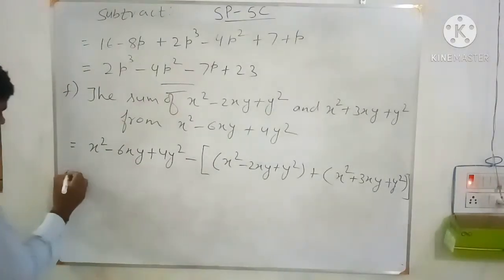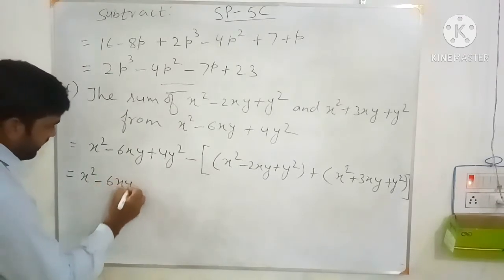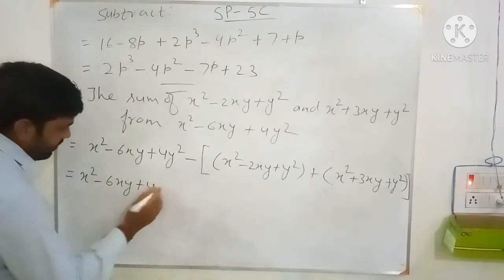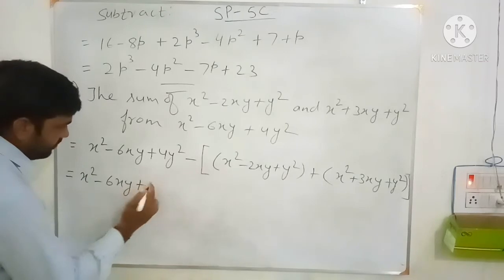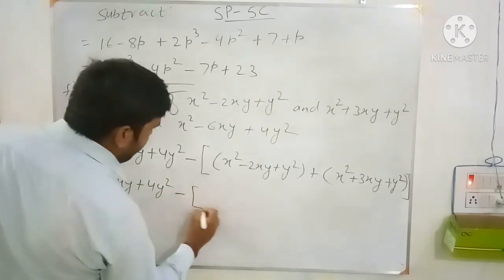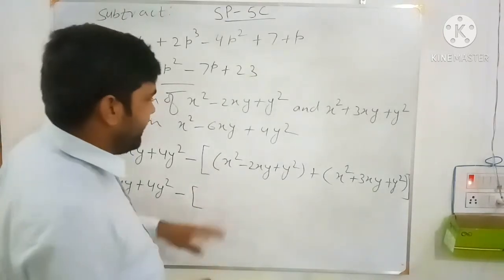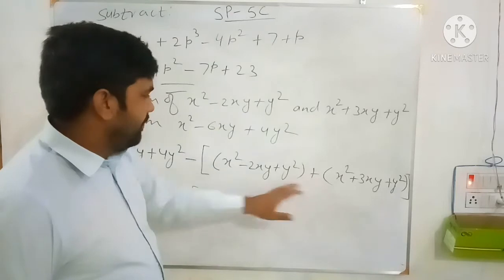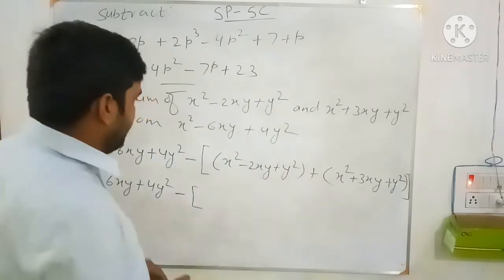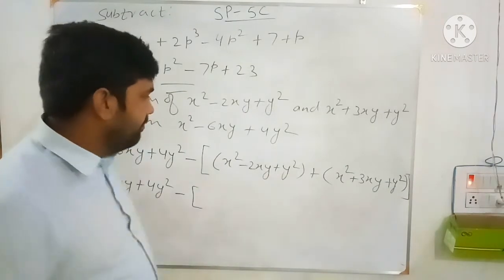Now we solve the bracket. x square minus 6xy plus 4y square. Now the bracket is being opened. Here also we can add, because here is the plus sign. So when we open the bracket, there will be no change of the sign of the terms.